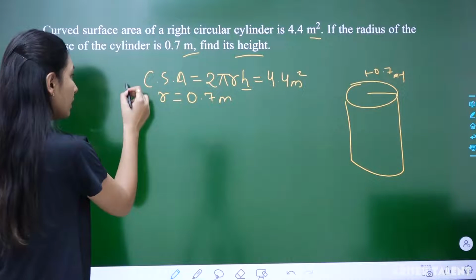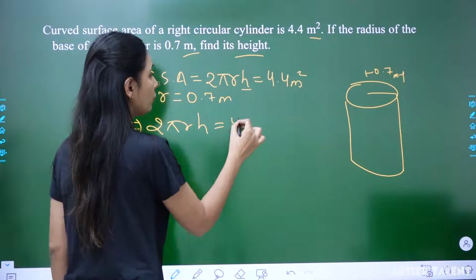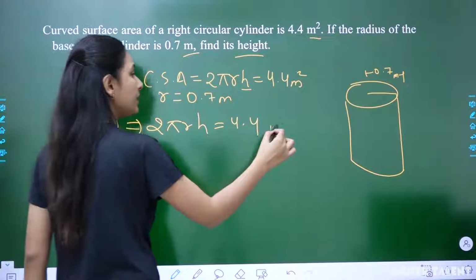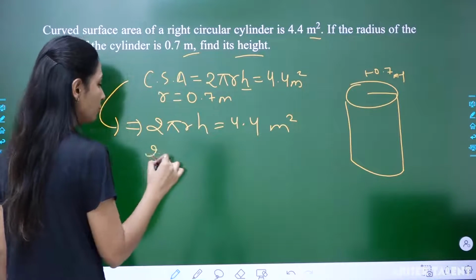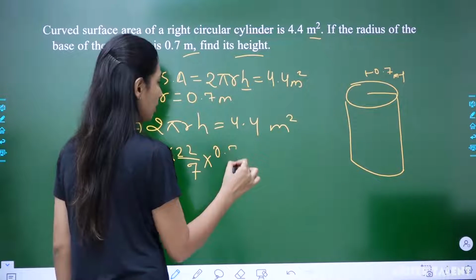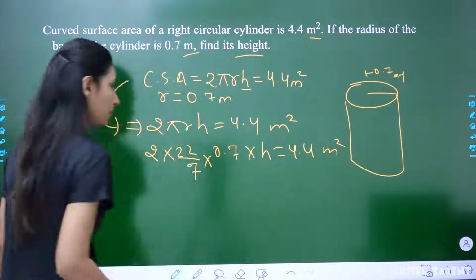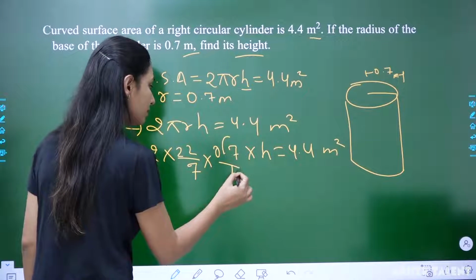So by this we can say that 2 pi RH equals 4.4 meter square, and here 2 is 2, pi is 22 by 7, R is 0.7, H is H, and 4.4 meter square. You can further calculate it like this.